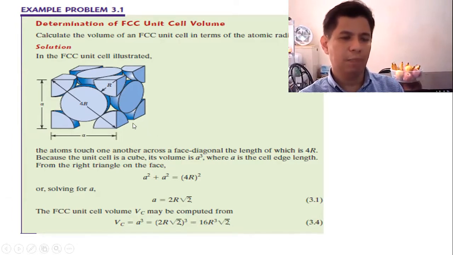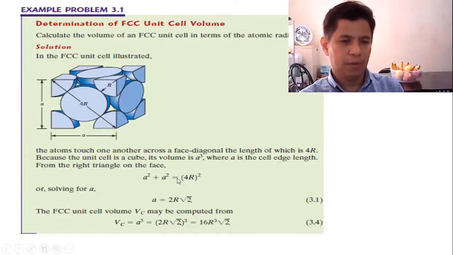So just by using the Pythagorean theorem, A squared plus A squared is equal to (4R) squared. Ano? So if you're going to solve this, you're going to have 2A squared is equal to 16R squared.